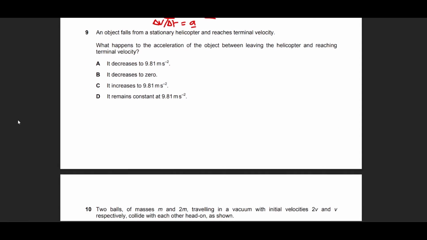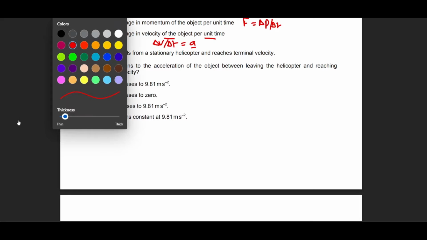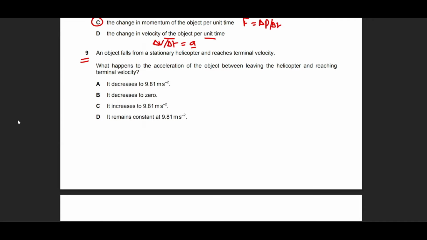Moving on to question number 9. Now this is a repeated question from free fall and from the topic of terminal velocity. It reaches terminal velocity from a stationary helicopter, so it doesn't have any initial velocity. The initial velocity is 0 meter per second and it has to fall down. What happens to the acceleration? Initially the acceleration is equal to the gravitational acceleration.